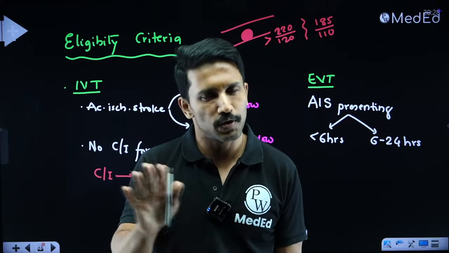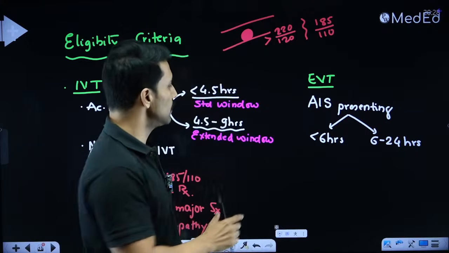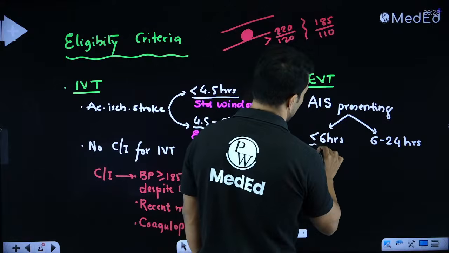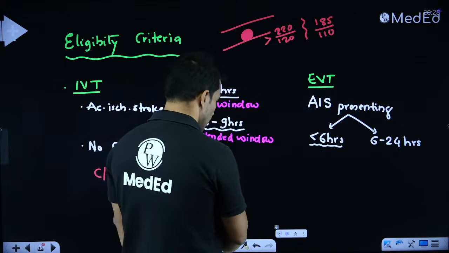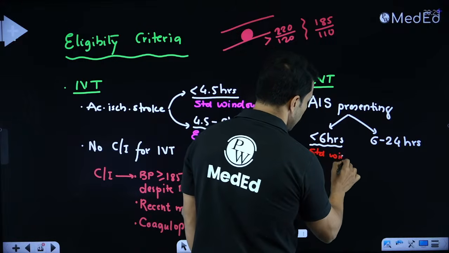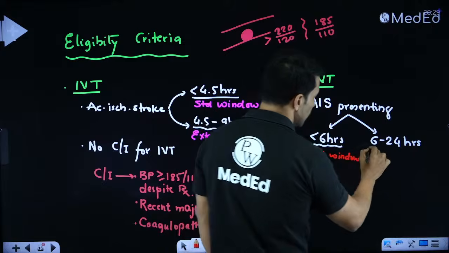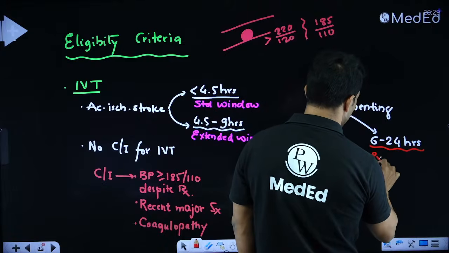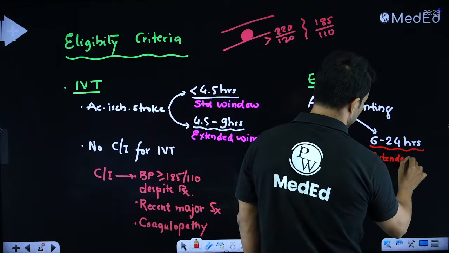After 24 hours, as we know, everything is going to be infarct. Within 6 hours, a very high chance that you might have a penumbra. So within 6 hours, for EVT, that's the standard window. 6 to 24 hours is the extended window for EVT.